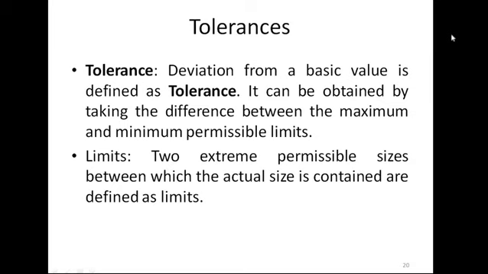And if they want to assemble this part on their line at Bajaj, it is very easy to assemble. So that is why the tolerance zone is very important for interchangeability.